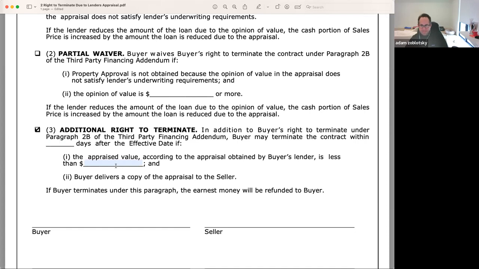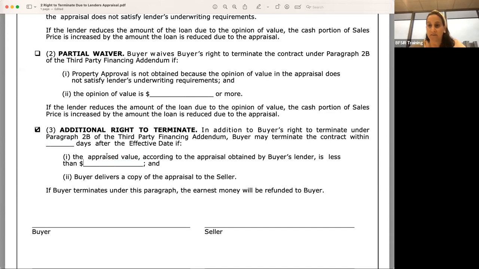It's that in that particular case, if they don't want to deal with multiples and they just want to make a clean offer and they say, hey, if your property doesn't appraise above what it's listed at, we're not moving forward. Then you would put this.